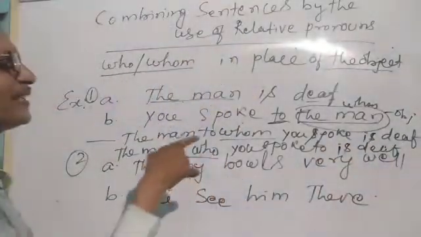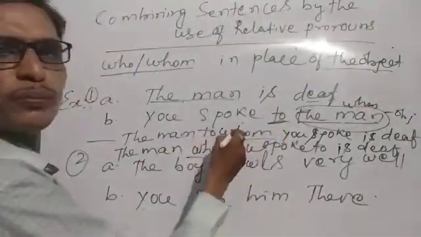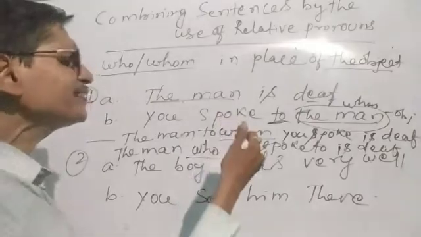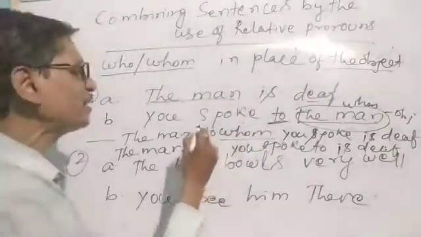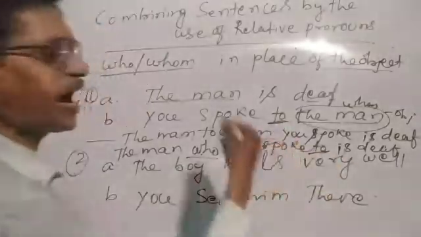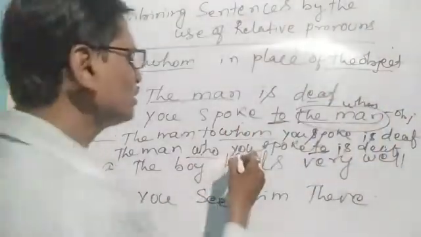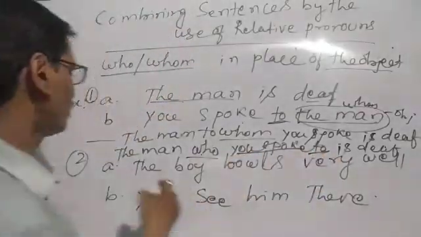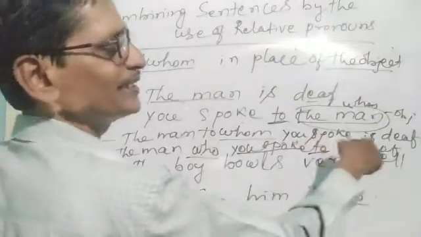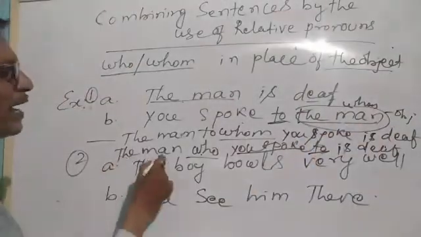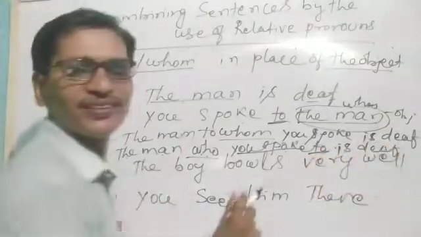So if there is a preposition, we can use to plus whom. If we want to use who, then the preposition should be taken after the verb. So, the man to whom you spoke is deaf. The man who you spoke to is deaf. You understood?